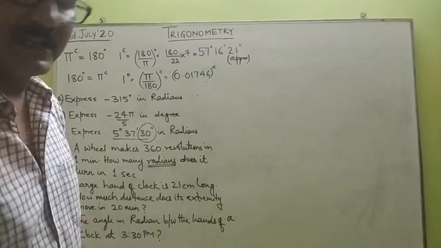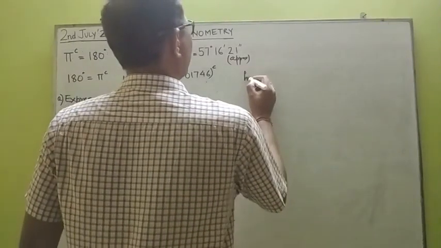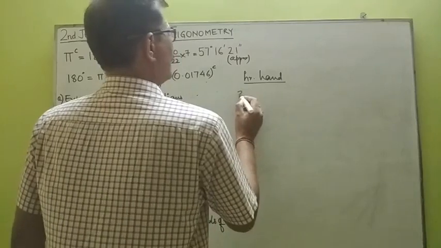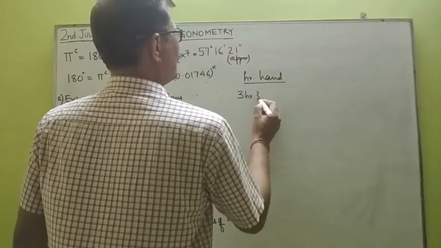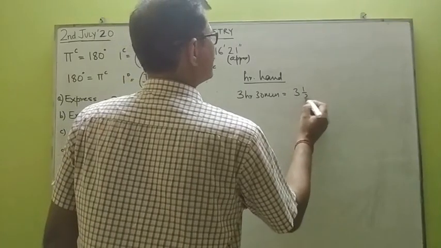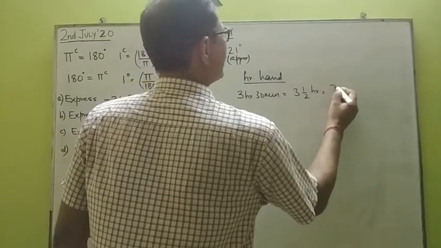Let's go for the hour hand first. 3 hour 30 minutes is the same as 3.5 hours, which is 7 by 2 hours.